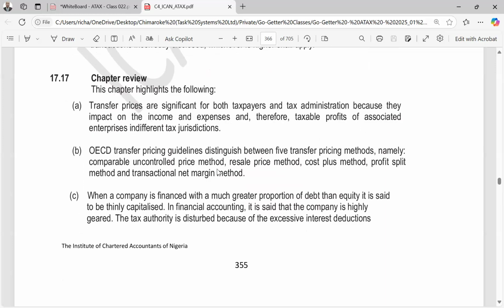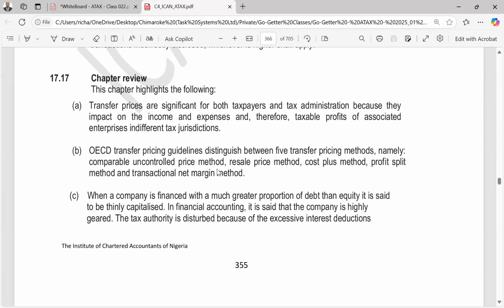So far, so good. We've come to the end of this topic. And one of the things that I want to stand out here is that transfer pricing is dealing with multinationals, different countries, different tax jurisdictions.